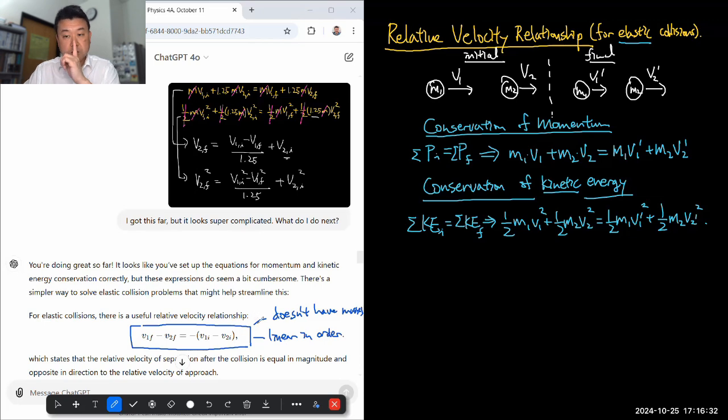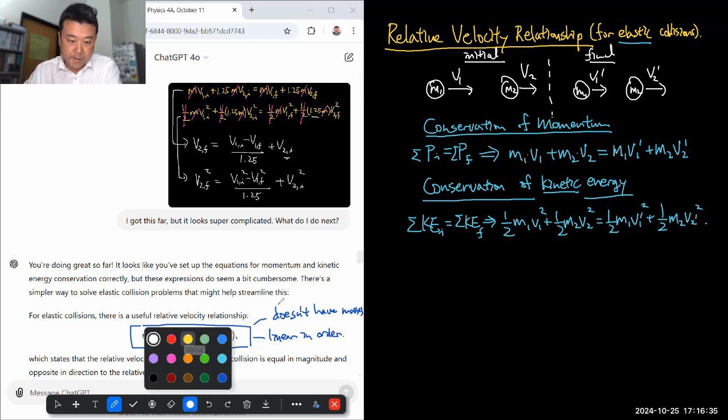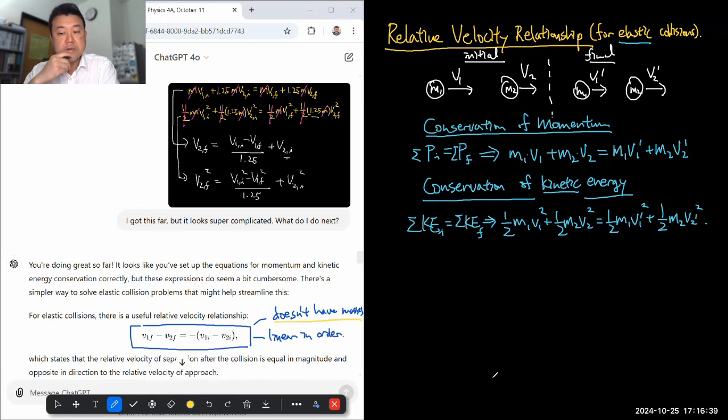So the number one thing that's motivated by the fact that they don't have masses is I'm going to try to collect them in like terms, in terms of masses, so that I can factor out the mass and see how there might be some cancellation. So I'll collect all the m1 terms on the left-hand side and all the m2 terms on the right-hand side.